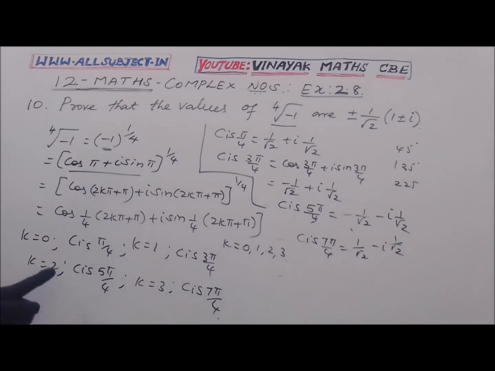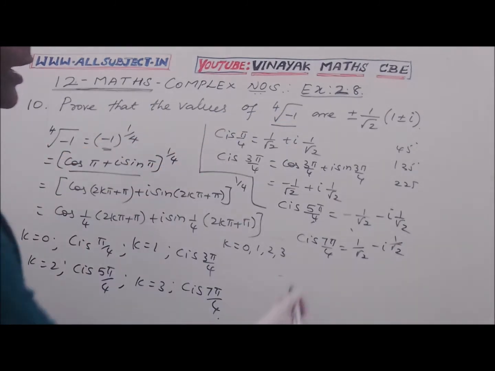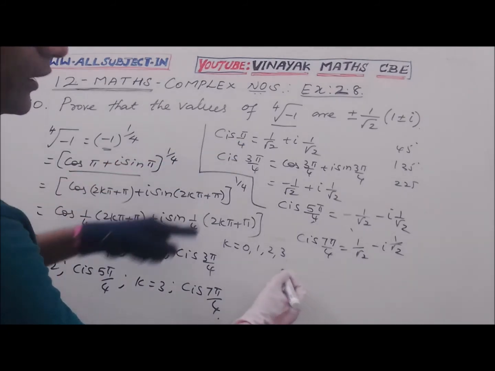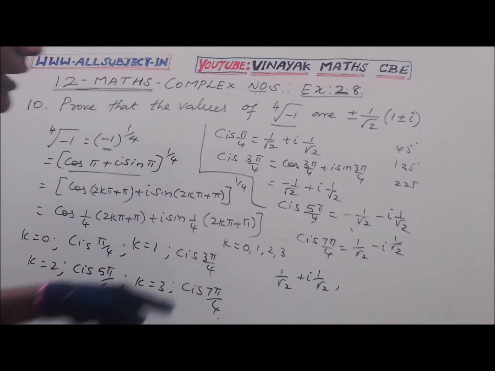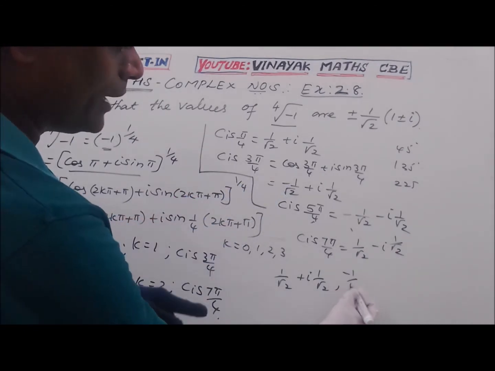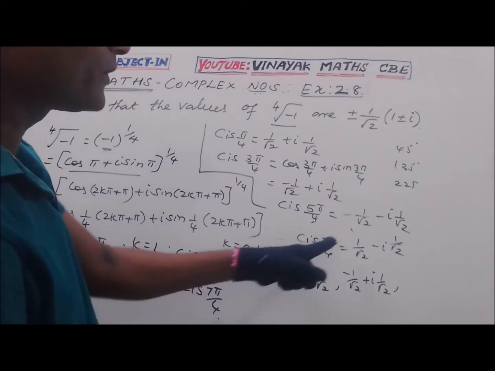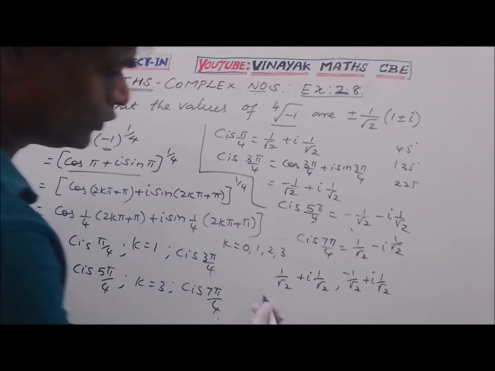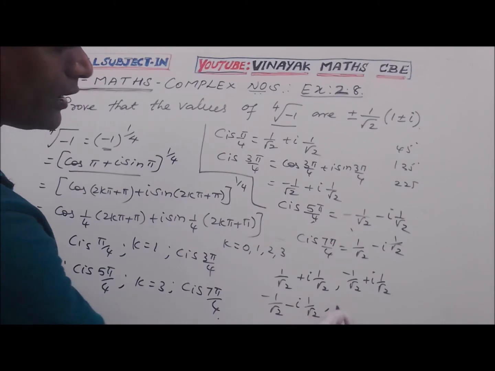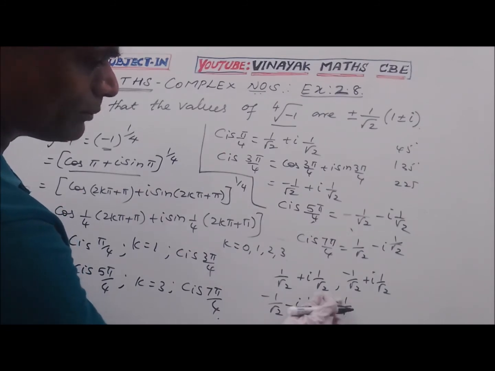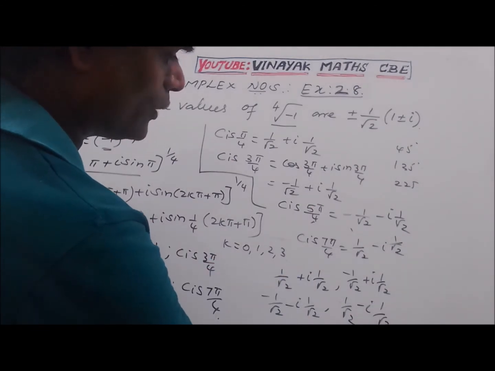Therefore, the values of the fourth root of minus 1 are 1 by root 2 plus I 1 by root 2, comma, minus 1 by root 2 plus I 1 by root 2, comma, minus 1 by root 2 minus I 1 by root 2, comma, 1 by root 2 minus I 1 by root 2.